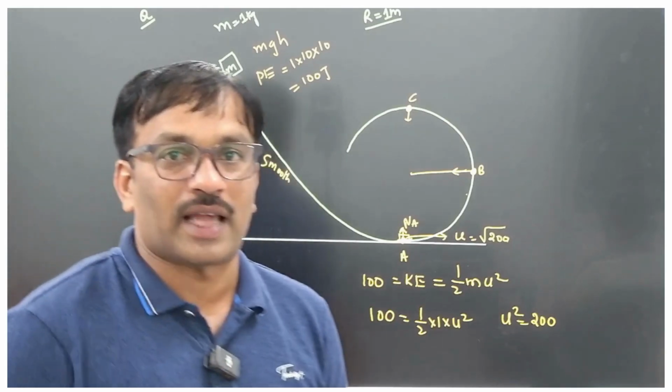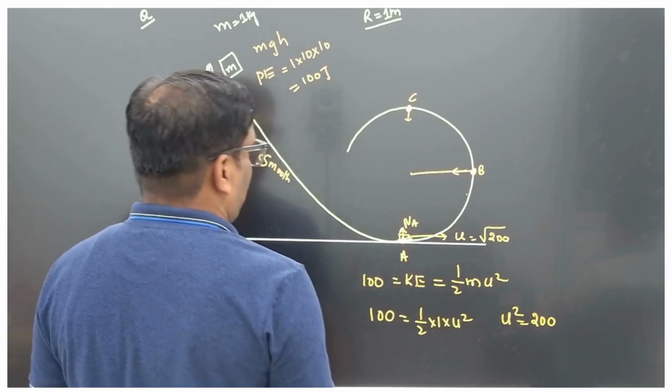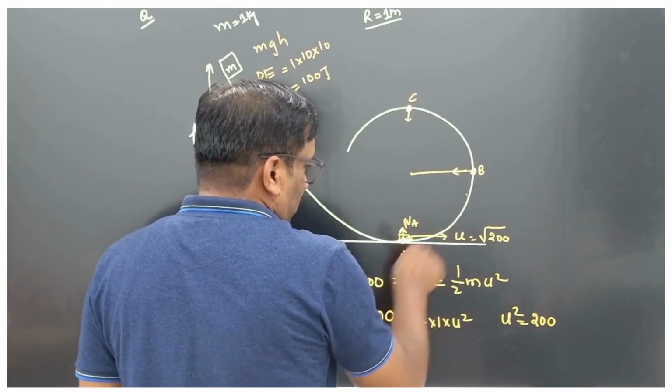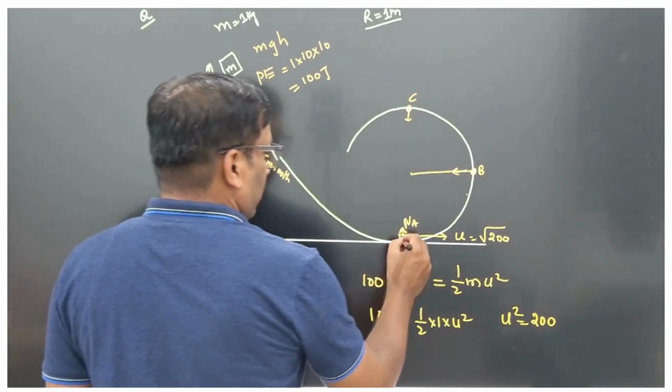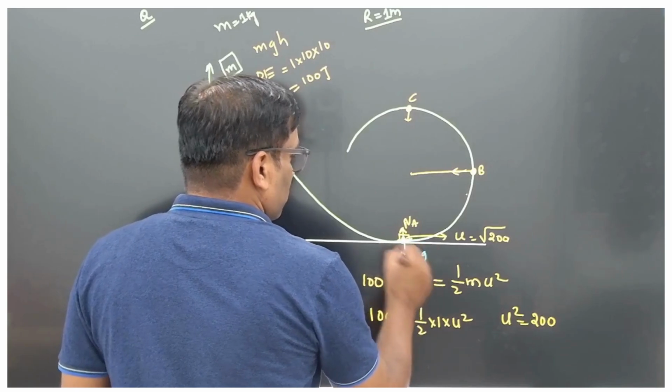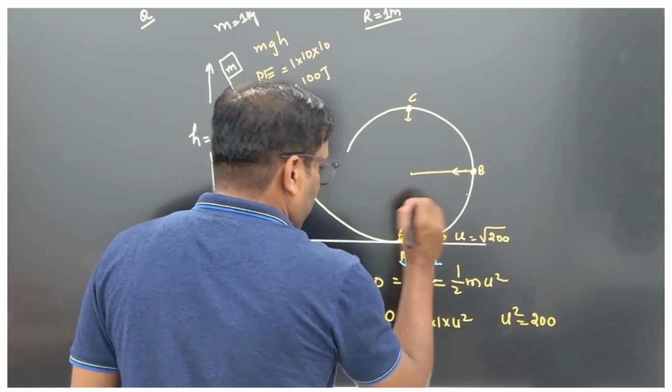Now we want to calculate the normal reaction at this point. It is undergoing a circular path, so apply the same thing again. Here it will be mg. Circular path means centrifugal force mv square by r.